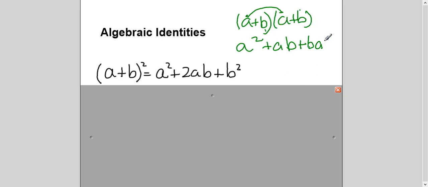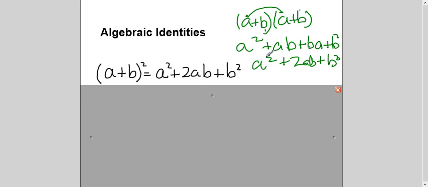And then b multiplied by b, it will be b square. So if you see here, it will be a square plus 2ab plus b square. Now you may think this is ab and this is ba, so how come it is 2ab? Because in algebra, ab and ba are the same thing, right? So they are considered as like terms.